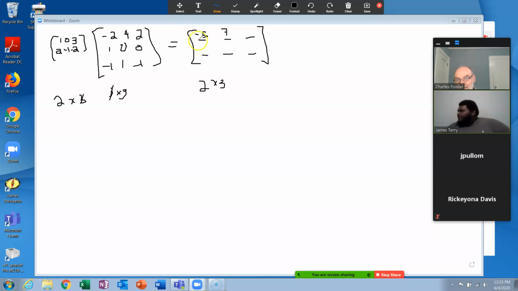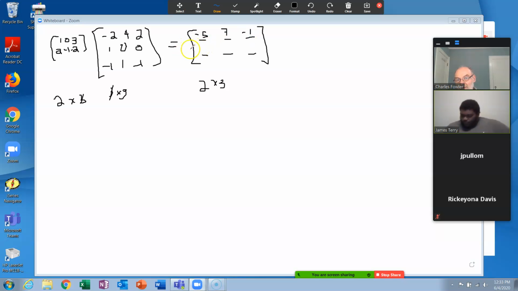Now, first row, third column means the first row again by the third column. 1 times 2 is 2, plus 0 times 0 is 0, plus 3 times -1 is -3. So 2 minus 3 is -1. Perfect.